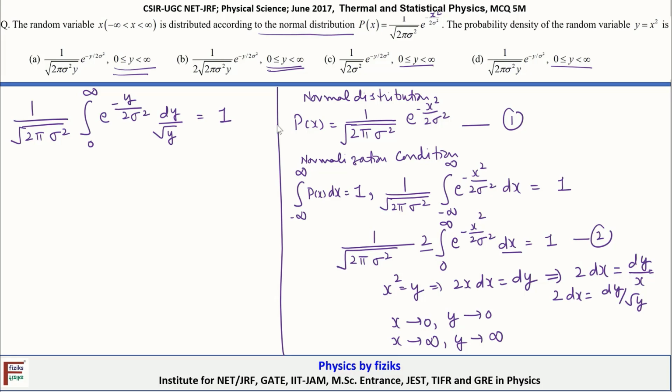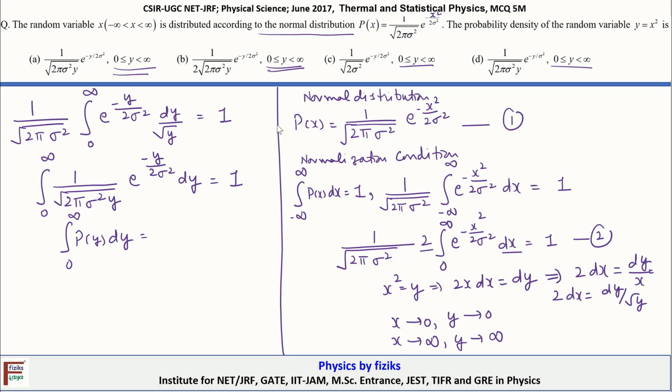Or we can further rewrite this as integral from 0 to infinity of 1 divided by under root 2 pi sigma square, times exponential minus y upon 2 sigma square, dy, equal to unity. Or this can be written as p of y dy from 0 to infinity, equal to unity.